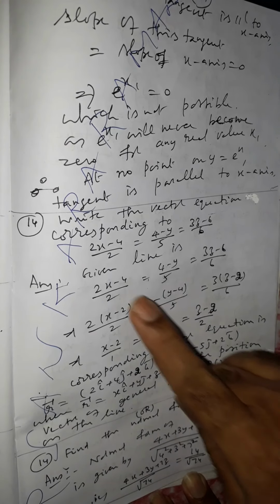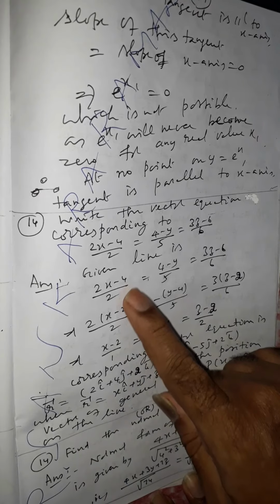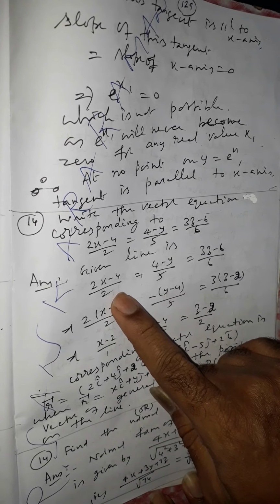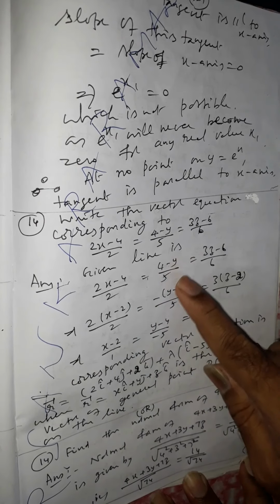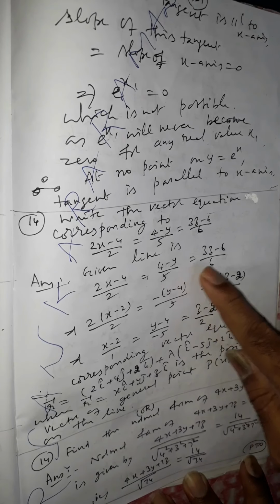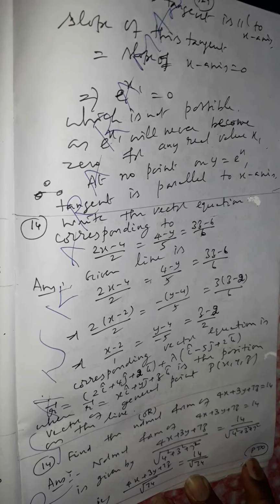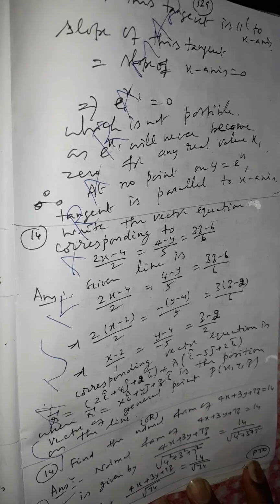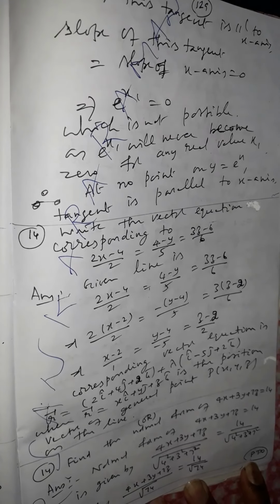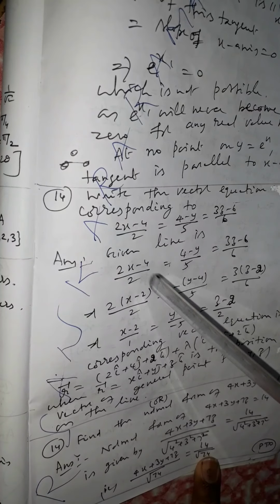Let me repeat. Given line is (2x minus 4) divided by 2 is equal to (4 minus y) divided by 5 is equal to (3z minus 6) divided by 6. Take 2 as common.